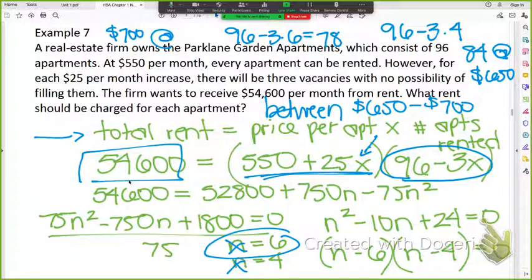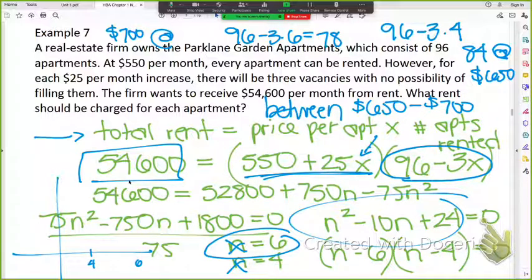I would like to find that, because here's the thing. Now, this is going to take you back more than you want to know, but someone asked the question, so here we go. This is a quadratic, right? So what you are actually getting from this, here's 4, here's 6. Essentially, you've got a quadratic that looks like this. At 4 and 6, you're hitting what they've asked you, which is that 54,600.